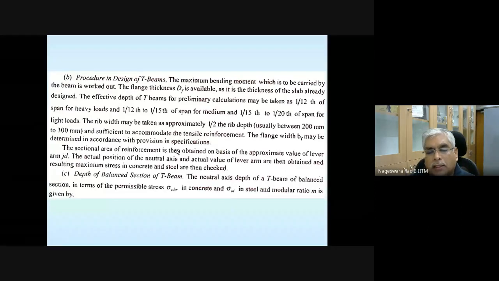The other one is, is there any other way? That's also discussed here: depth of balanced section of a T-beam. So let's go through it for completeness.